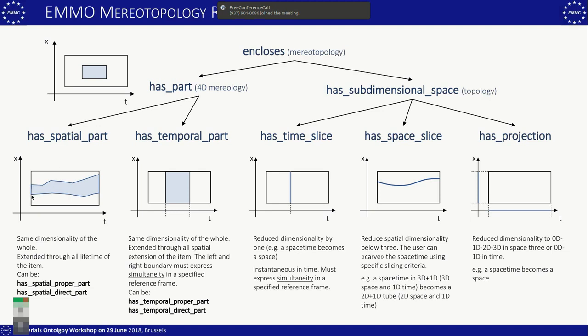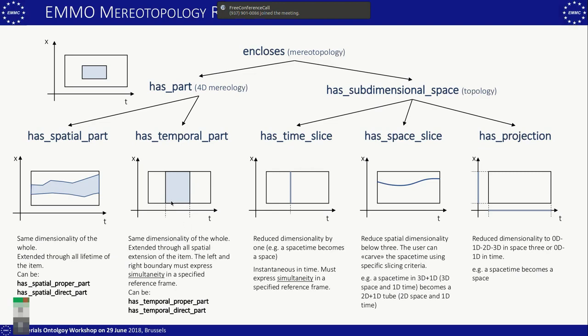Spatial part is a part of the whole in which the part extends for all the life of the object, and the temporal partout is a part that extends on the whole spatial extension of the object.